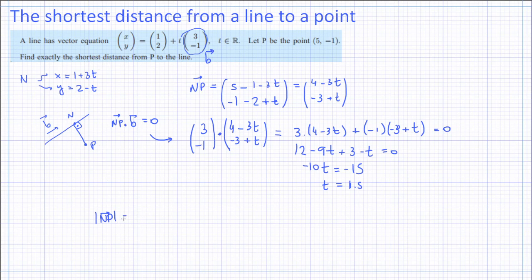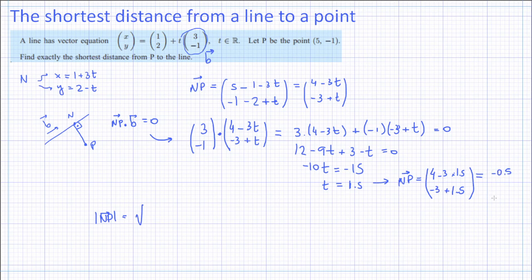Cool? So NP would be root, and now we can put these numbers into our vector NP. If we apply t equals 1.5, what would NP be? Well, 4 minus 3 times 1.5 and negative 3 plus 1.5. So 3 times 1.5 is 4.5, 4 minus 4.5 is negative 0.5.